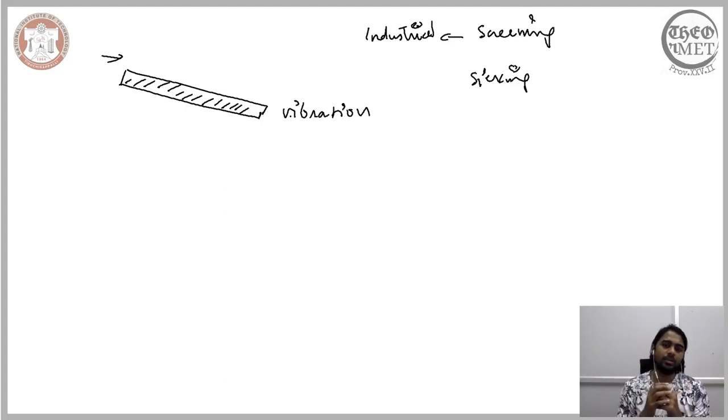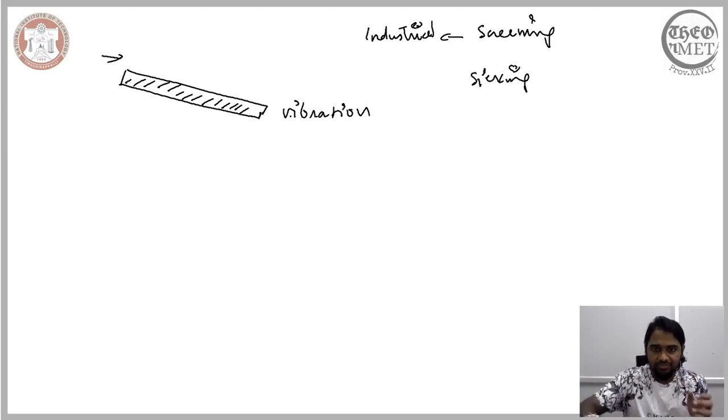Now if you could recollect, the way screening is achieved, the way the feed introduced onto the screen is separated, comprises two different processes. One is stratification, the other is separation.